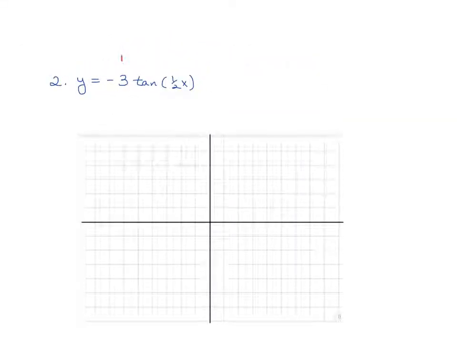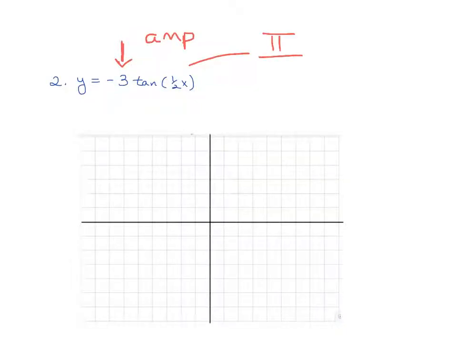this one's also got an amplitude, but this time it's a negative 3. So when I go to graph it, it's going to be like a reflection. So this is my amplitude. And again, to get my new cycle length or my new period length, I'm taking pi, dividing it by the 1/2, keep change flip, it becomes 2 pi.